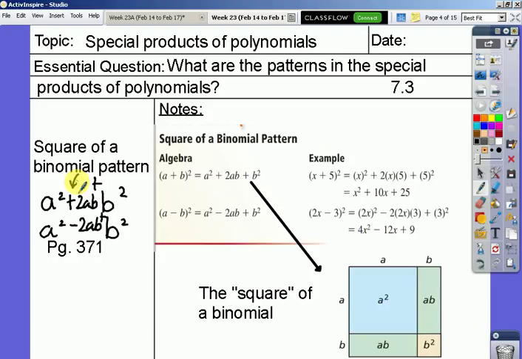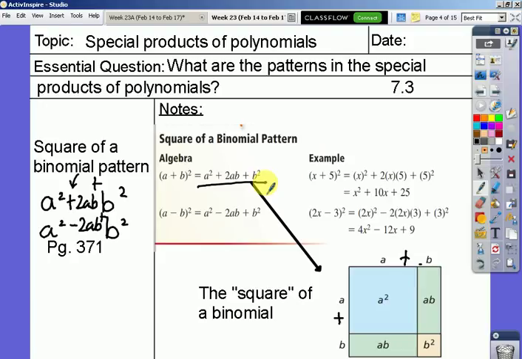So what they did was they said, okay, let's say I have a square that has length a plus b and length a plus b. Well, all I have to do is, to find the area, do what with those sides? Multiply them. So again, if I have one length that is a plus b and another length that is a plus b, if I find the area, all I have to do is multiply them, and when I multiply them, I get this. Does that make sense? That's why we say we square it.